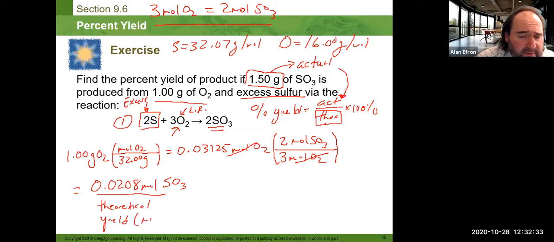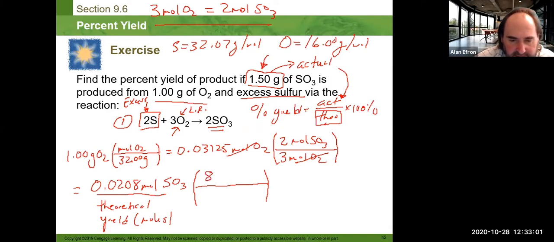in moles, which could be fine, but the problem is our actual yield is in grams. So we do need to convert that into grams so that everybody's in the same unit when we go into our percent yield. So we do want to do step number 4 that we talked about. We want to go back to the periodic table and figure out the molar mass of SO3, which is 32.07 plus 3 times 16. That's 80.07.